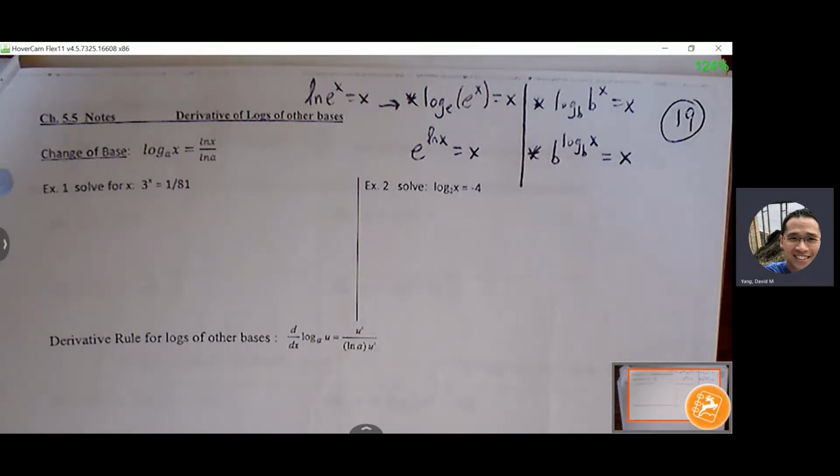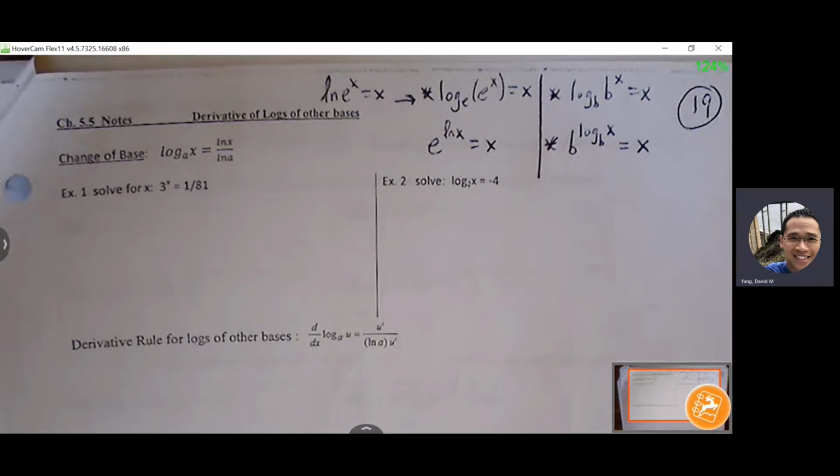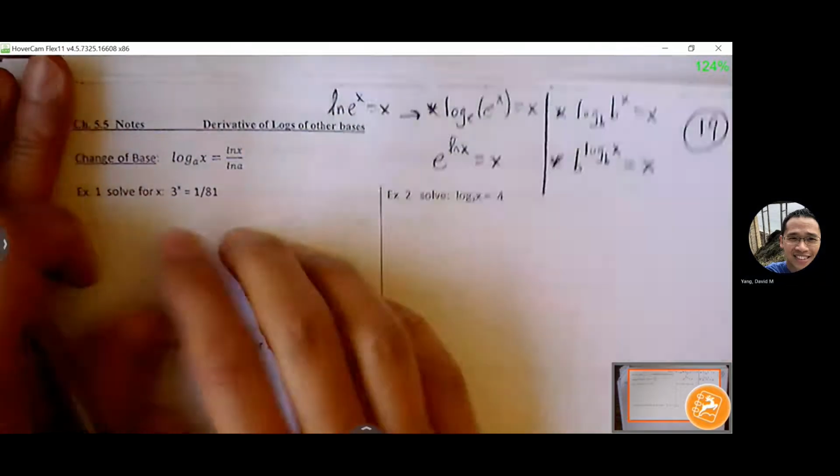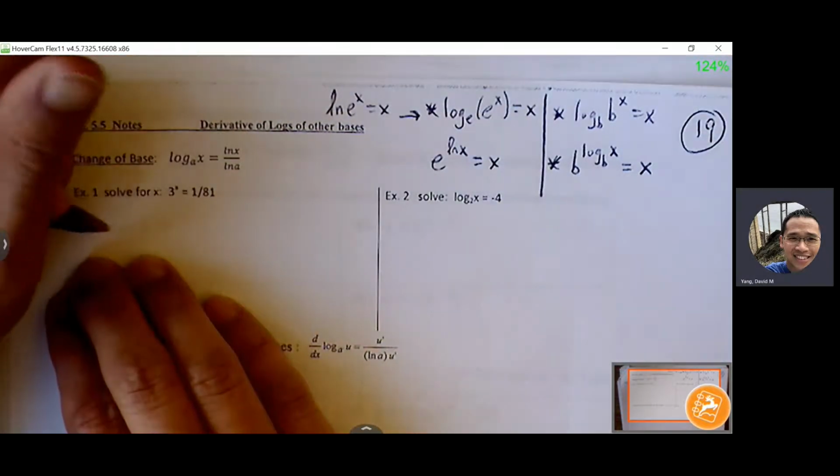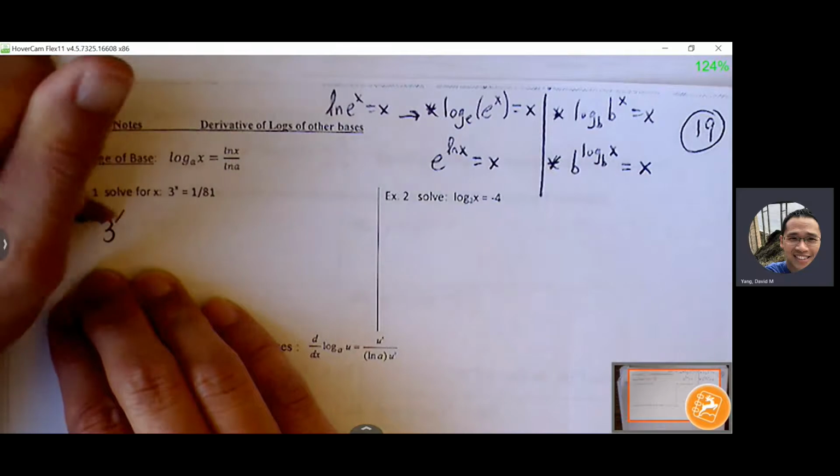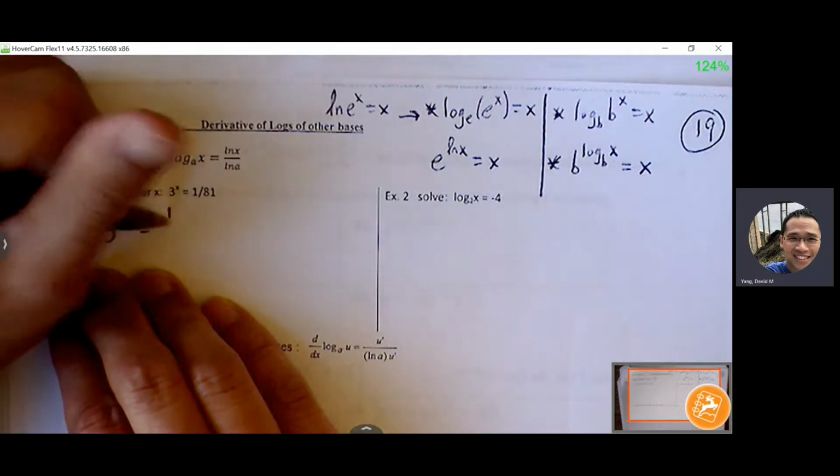So let's look at example 1 and see how using the inverse functions can help us clean up and allow for certain things to work.